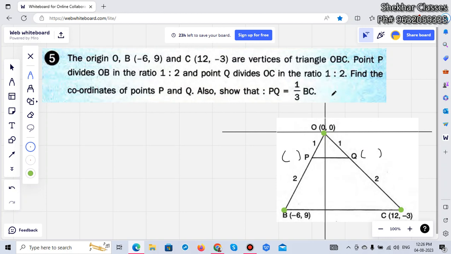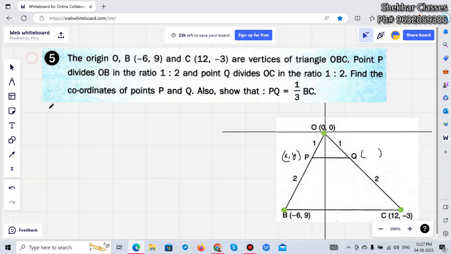I also show that PQ is 1/3 times BC. The length of PQ is 1/3 of the length of BC, we have to show. So first let's find P here. Everything is given: the coordinate of B is given, the coordinate of O is given, and the ratio is given, so we can easily find it. Let it be X and Y. We have a formula for that.